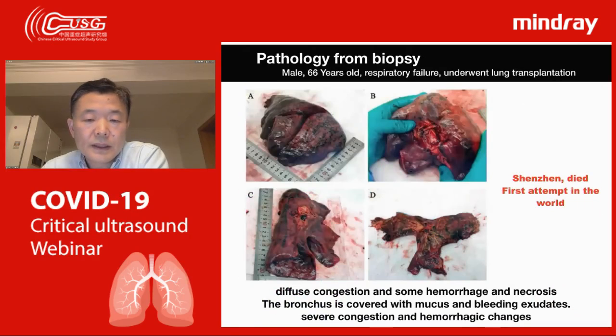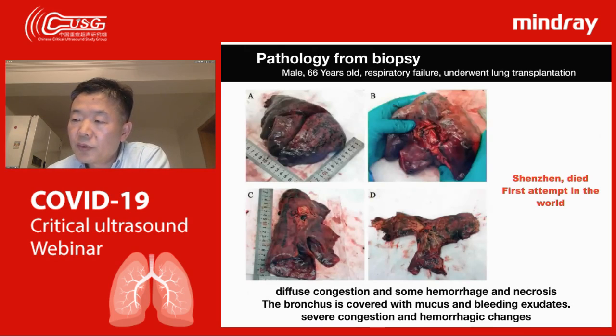And in this patient, after death, they cut down the lung to see, and you see it's diffuse congestion and some hemorrhage and necrosis. A lot of things happened with the lung, and the whole lung surface of the cases is frozen, and diffuse congestion was visible, and also in most parts we can see the hemorrhage and some necrosis.